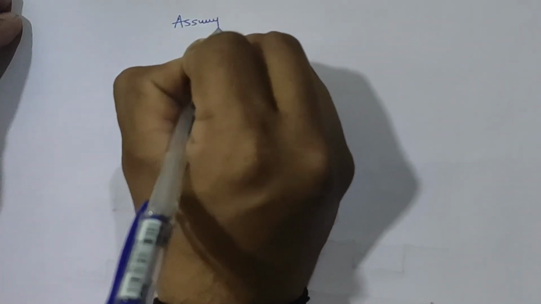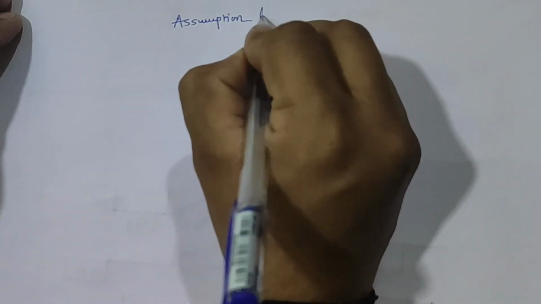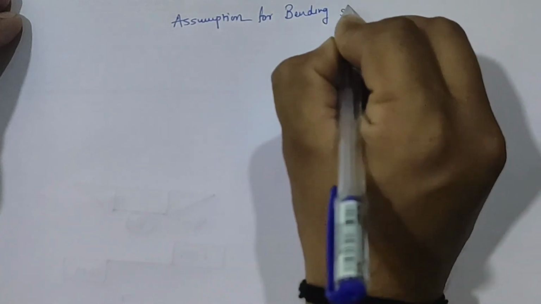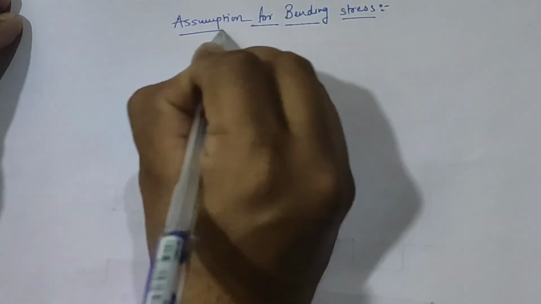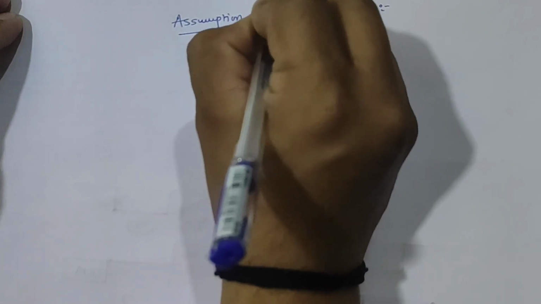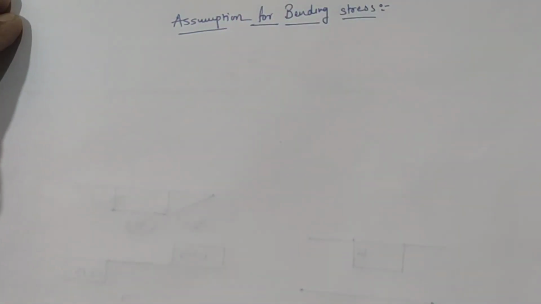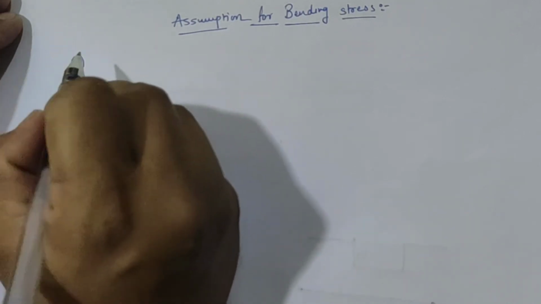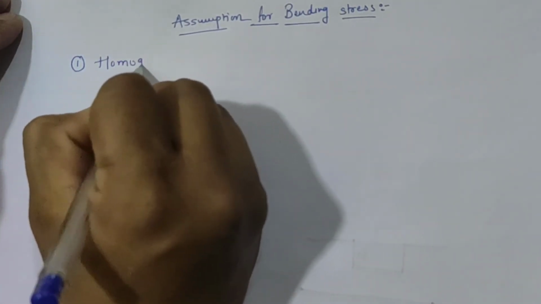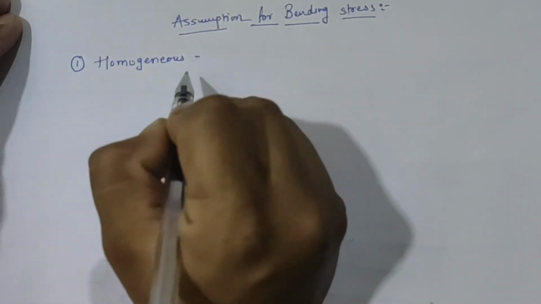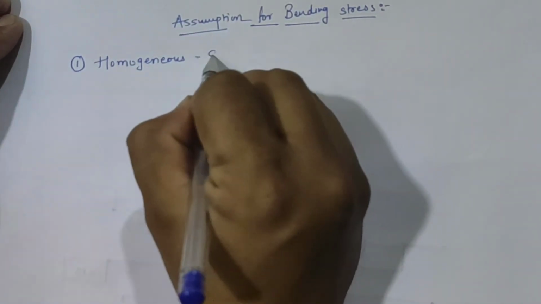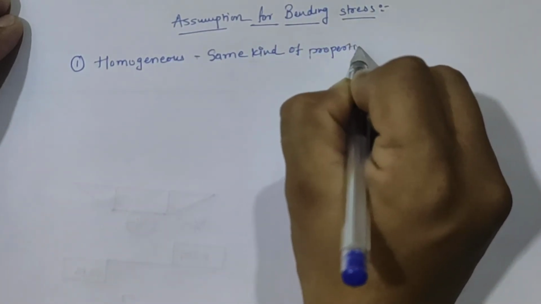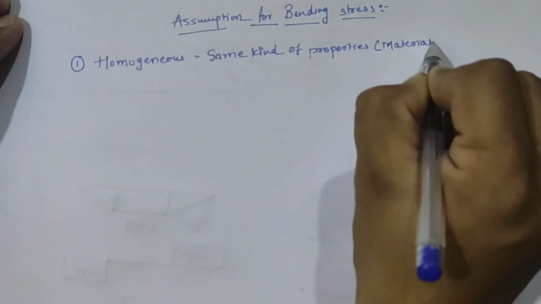Now let us go for the assumptions made for the pure bending theory or bending stress equation. Our first assumption is that the given section must be homogeneous. It means that the beam has material with the same kind of properties throughout its length.